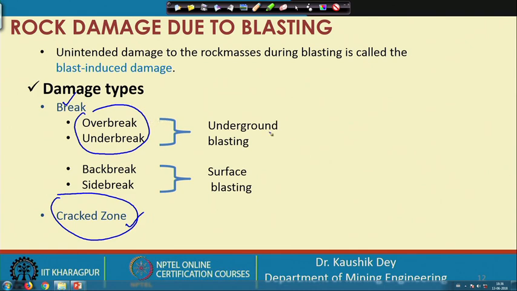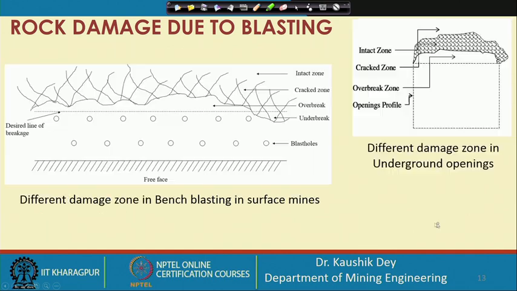If it is break, in underground it is called over break or under break, in surface it is called back break or side break. Over break and under break are the over excavation or under excavation condition. Back break is the breakage that occurs in the back side, side break is the breakage that occurs sidewise in the surface blasting.